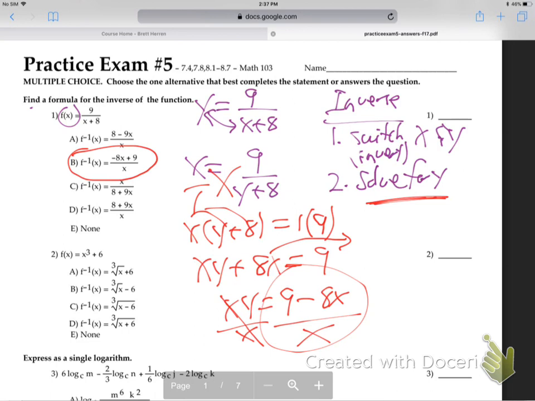Give you a little bit of time. So same thing on number 2. Switch x and y, solve for y.